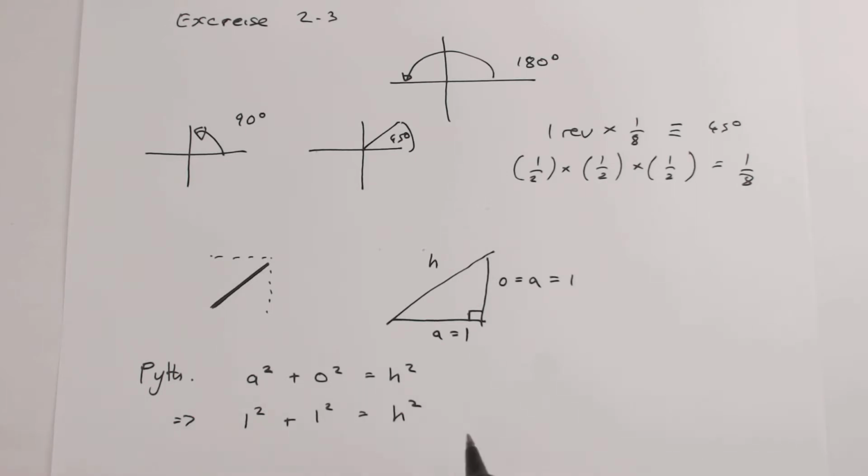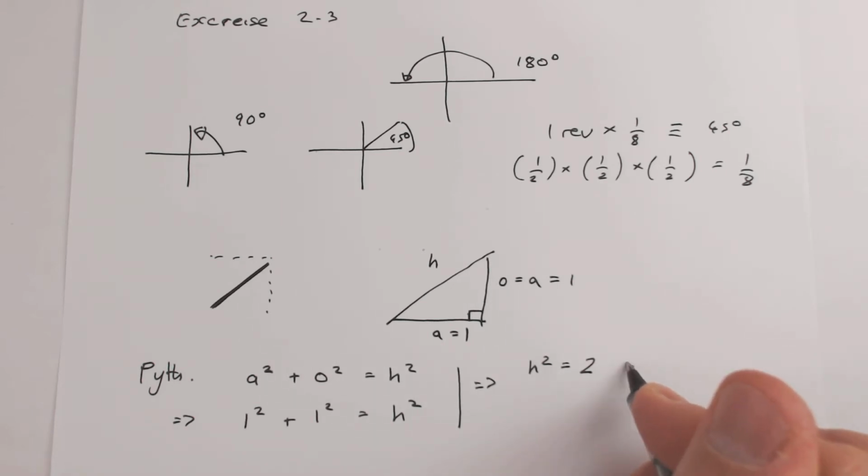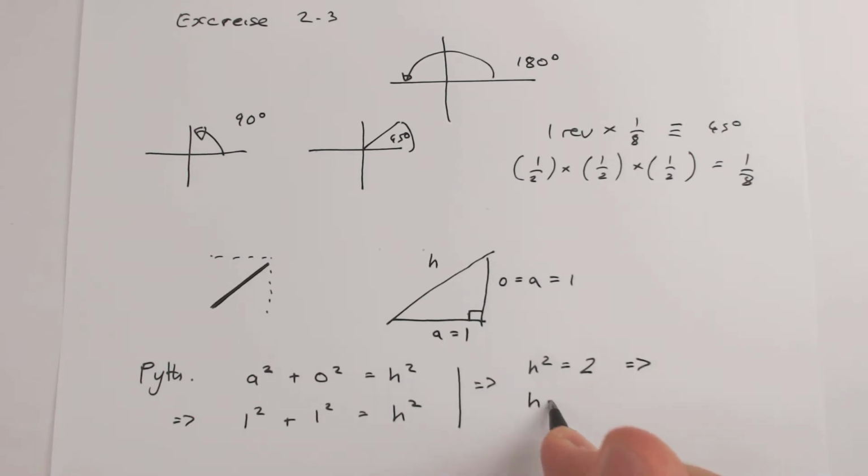So I can say that h squared equals 2. Take the square root of that. So therefore I've got h equals root 2.